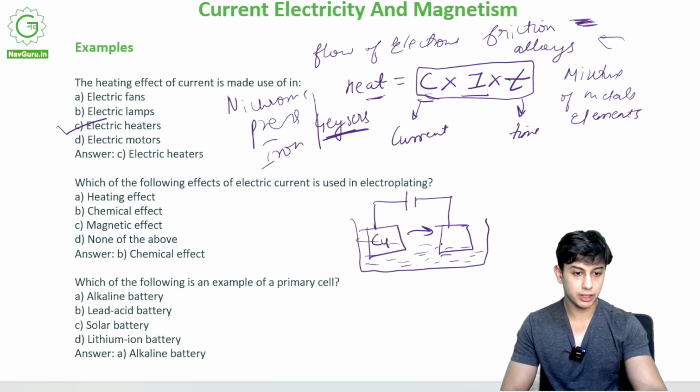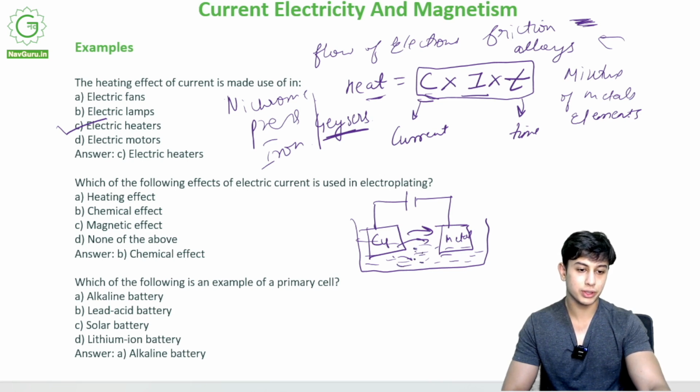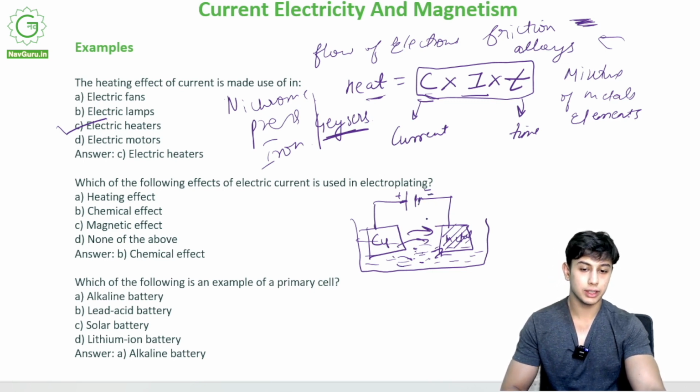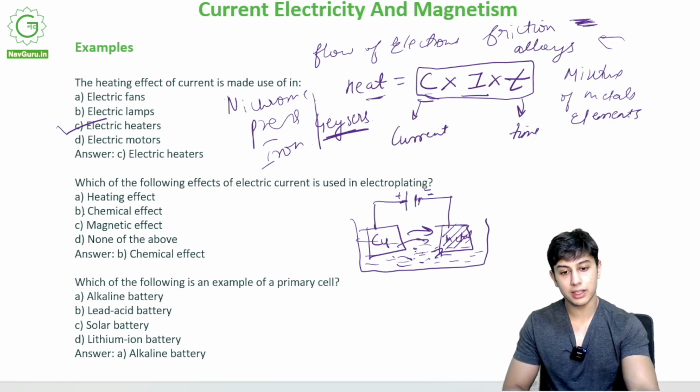Supposedly this was copper, Cu, and this was some other metal. I want this copper over here, so this copper will first get dissolved into this solution and it will get electroplated over here. This is a battery, positive, negative. I connect the metal that I want to the positive end, and the metal that is to be electroplated to the negative end.